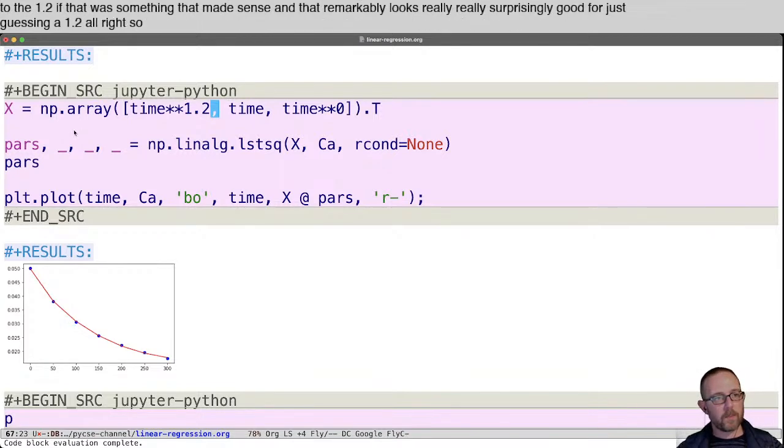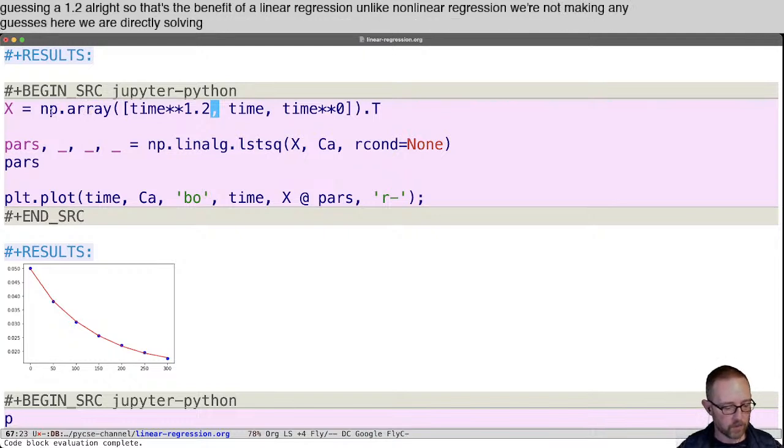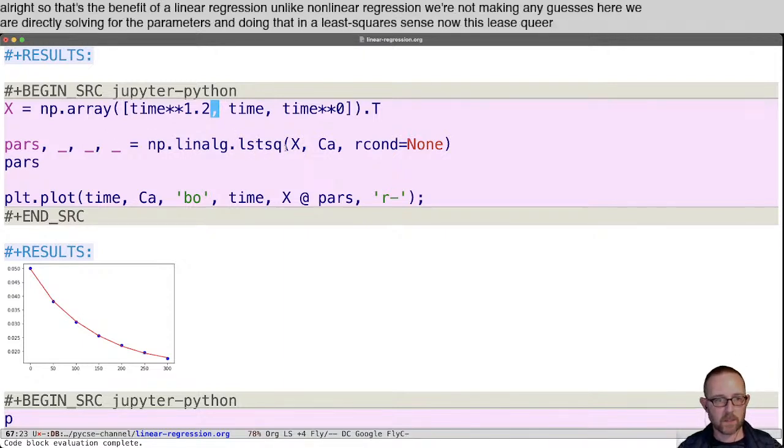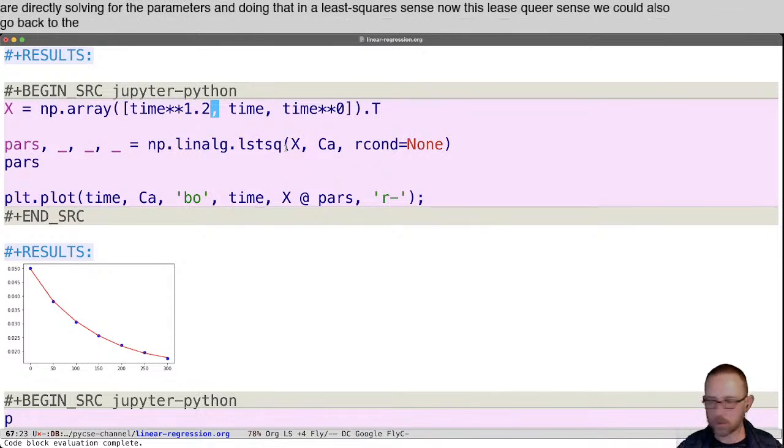All right, so that's the benefit of linear regression. Unlike nonlinear regression, we're not making any guesses here. We are directly solving for the parameters and doing that in a least squares sense. Now this least squares sense, we could also go back to the normal equation.